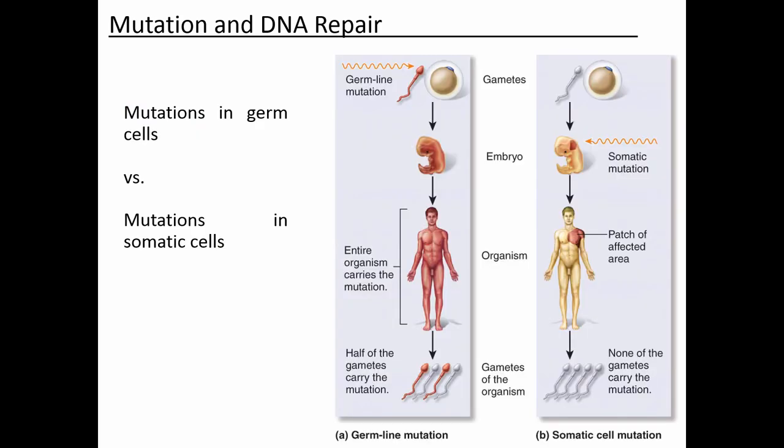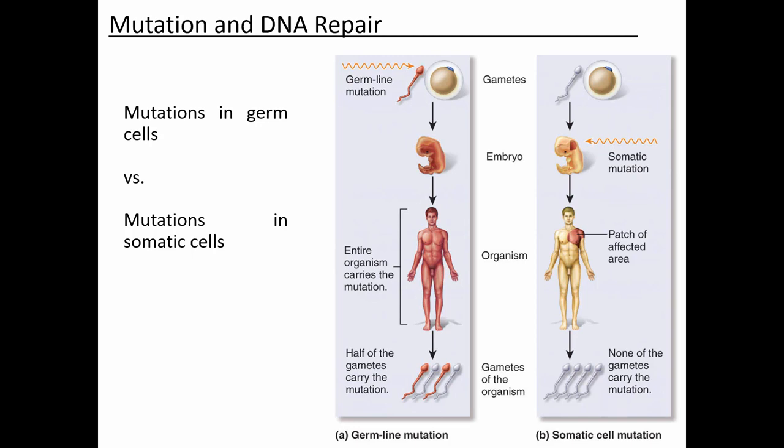Okay. So the next thing we're going to tackle is the distinction between mutations in germ cells versus mutations in somatic cells. Just to remind you, germ cells are the cells that give rise to gametes. To put that in different terms, germ cells give rise to the cells that carry the DNA that you're going to pass on to offspring.